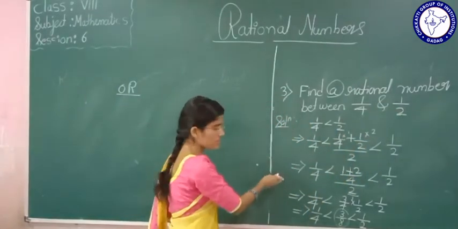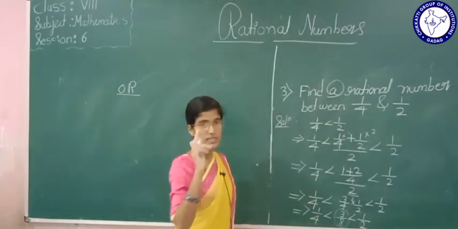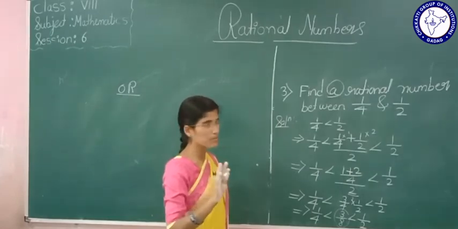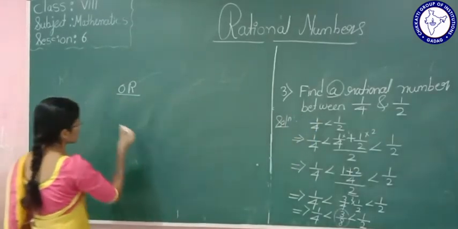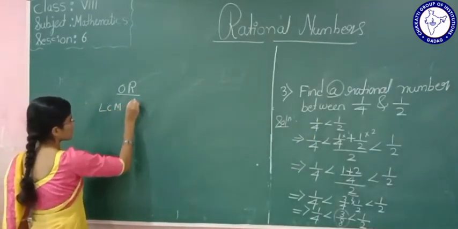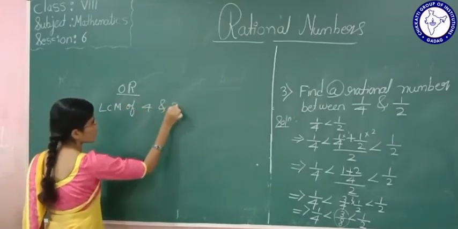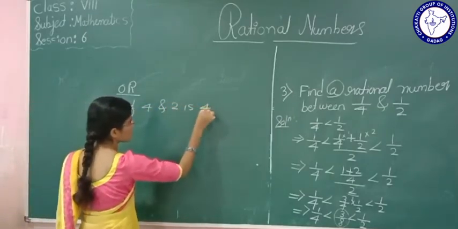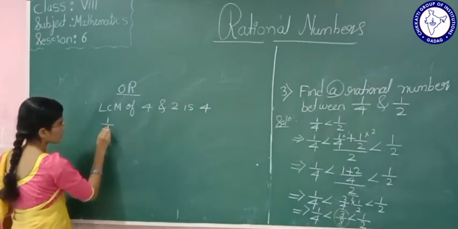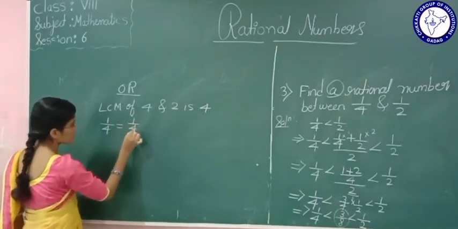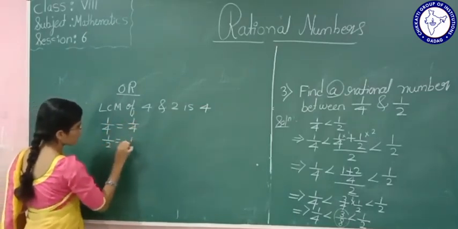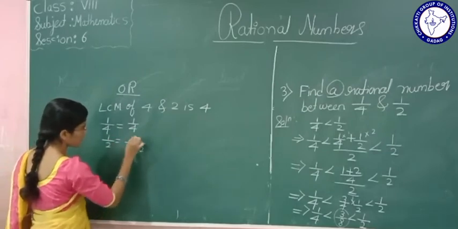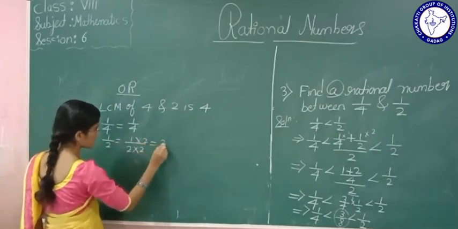You can follow this method, otherwise what I solved in the first and second problem, you can go for that method also. So what is the LCM of 4 and 2? LCM of 4 and 2 is 4. Okay, 1 by 4 is nothing but 1 by 4 only. 1 by 2, we make the denominator the same.